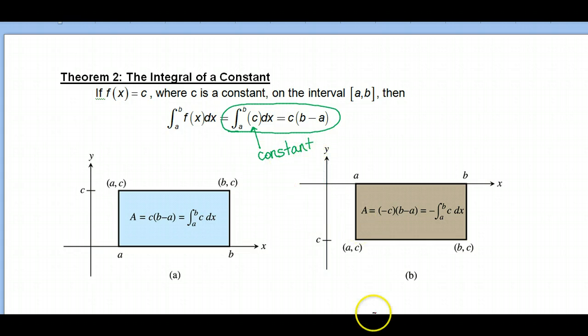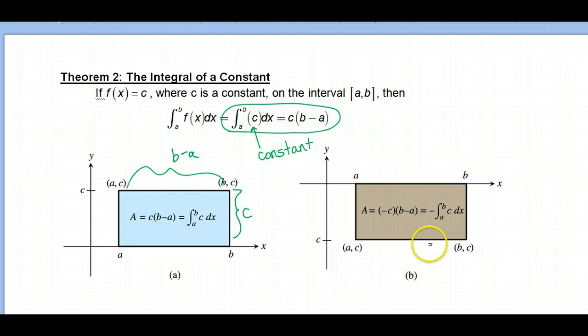Think of the constant as the height of my rectangle, and the base of my rectangle is from a to b, so the length of my rectangle would be b minus a. Look at the shapes here. This is b minus a, and my height is c.